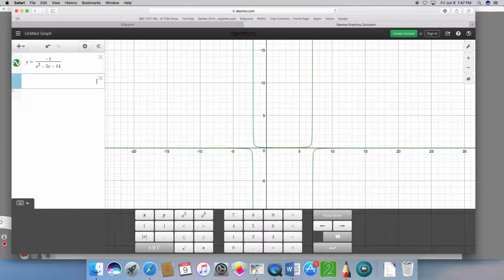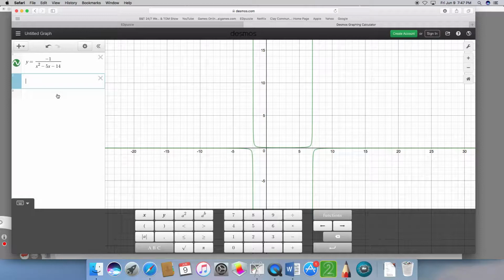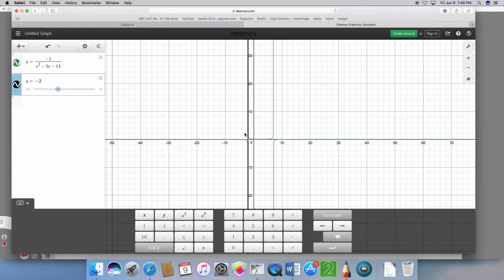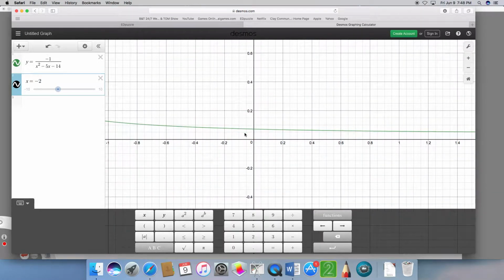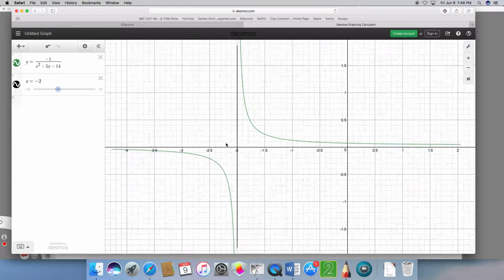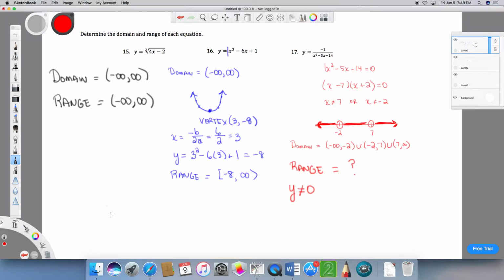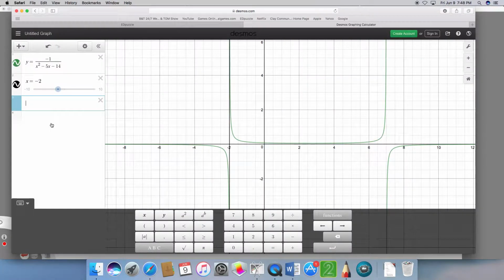So we know that when x was equal to negative 2 or positive 7, if x is equal to negative 2, my graph is never going to touch that black line. You may have to zoom in closer and closer to see that it's getting closer but never touching it. And it's also never going to touch this positive 7. So let's graph x equals 7.